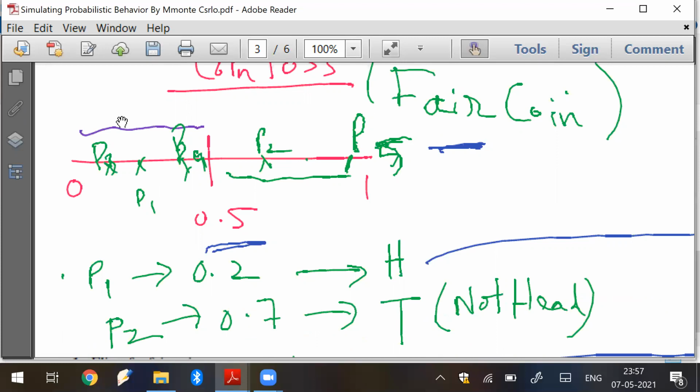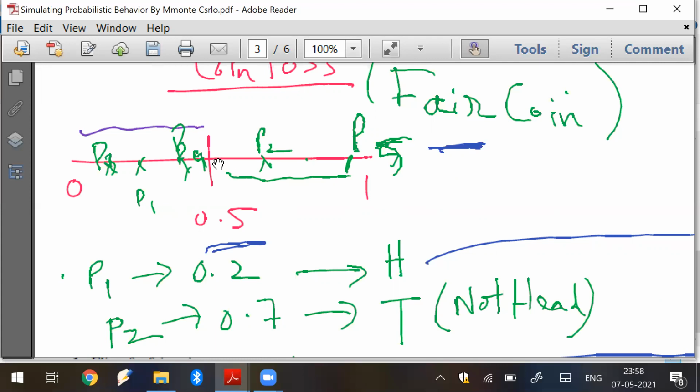Now if I divide it into two parts, we will generate random numbers in such a way that if the random number which I get via some method falls within 0 to 0.5, then I will say I am getting a head. Otherwise, it will not be a head.